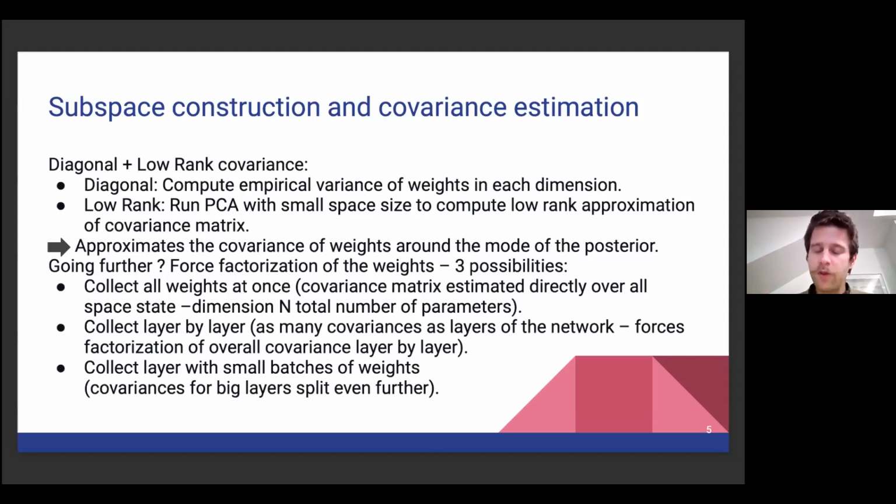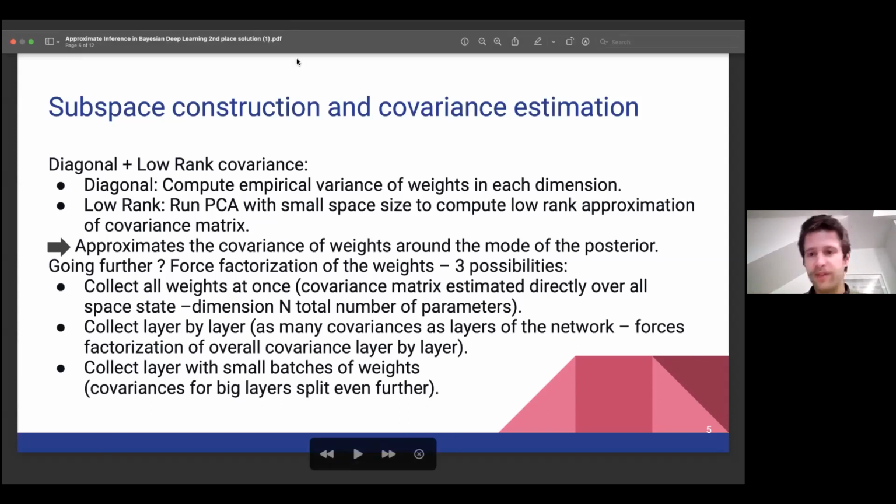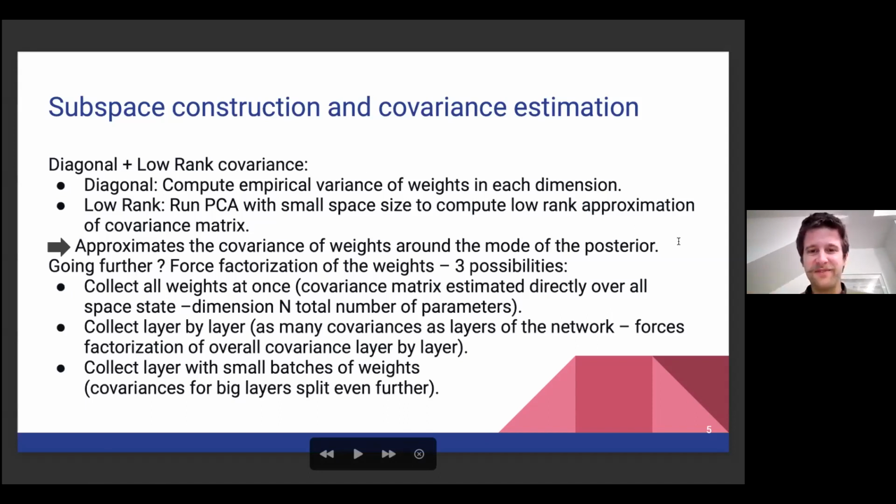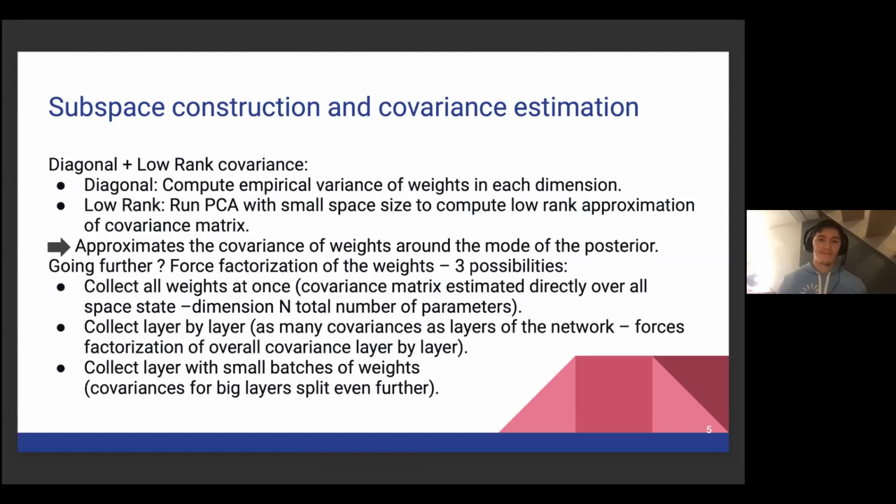But we want to add a bit more information, which we found was really helpful to have an informative Gaussian distribution. And for this, using the weights that we collected, and again, I need to give Pavel and Arnaud the credit for this idea and for this PCA space, the idea was to run the PCA or some SVD on the collected weights that we have collected using the SGLD on the modes, and this would allow us to compute some low rank approximation of the covariance matrix.